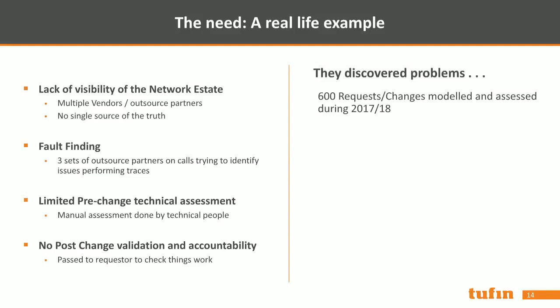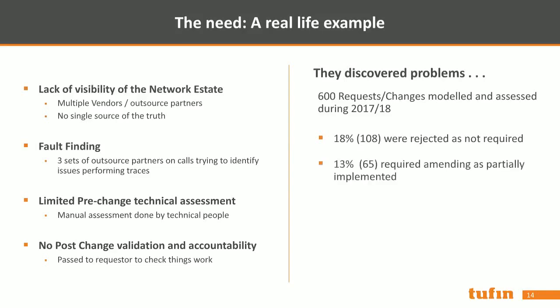They examined just 600 change requests, and they discovered that 18% were not required, that 13% required amending because they were partially implemented, and then they had another 8% which just failed the implementation check. So this is, I think, very similar to a lot of organizations out there and what they're dealing with.